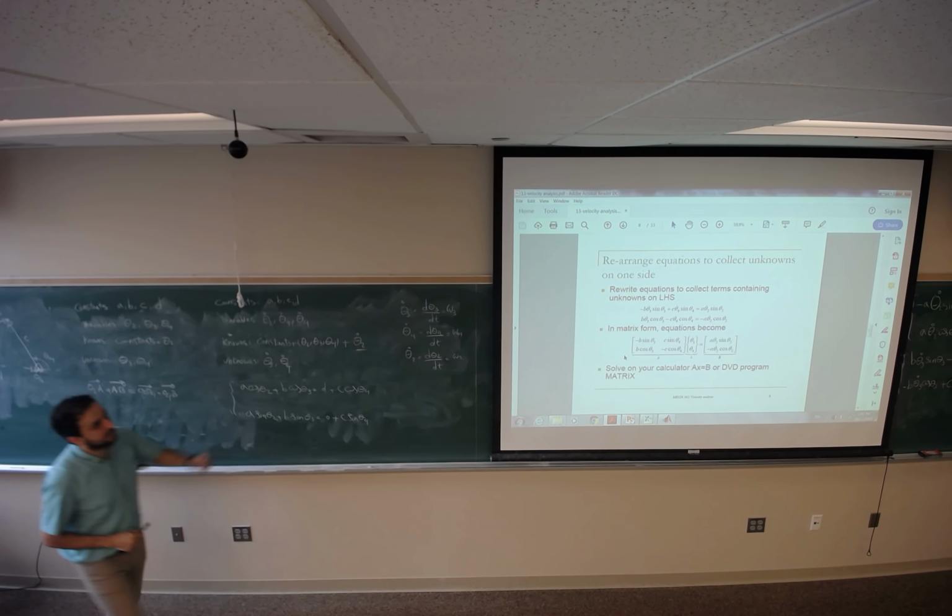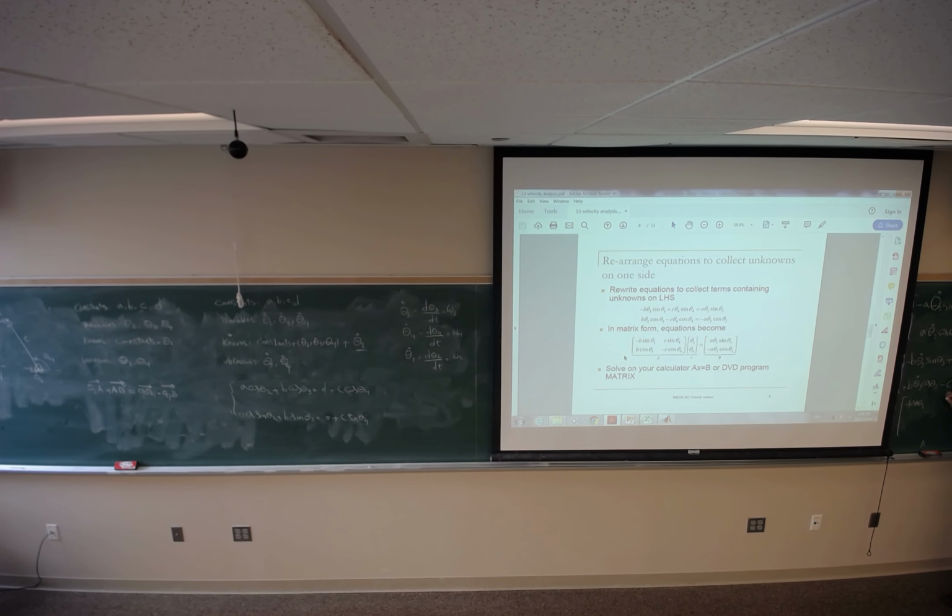First row, what would be the coefficient of theta dot 3? Negative b sine of theta 3. The coefficient of theta dot 4 is positive c sine of theta 4, and the right side is constant, which is going to be a theta dot 2 sine of theta 2.